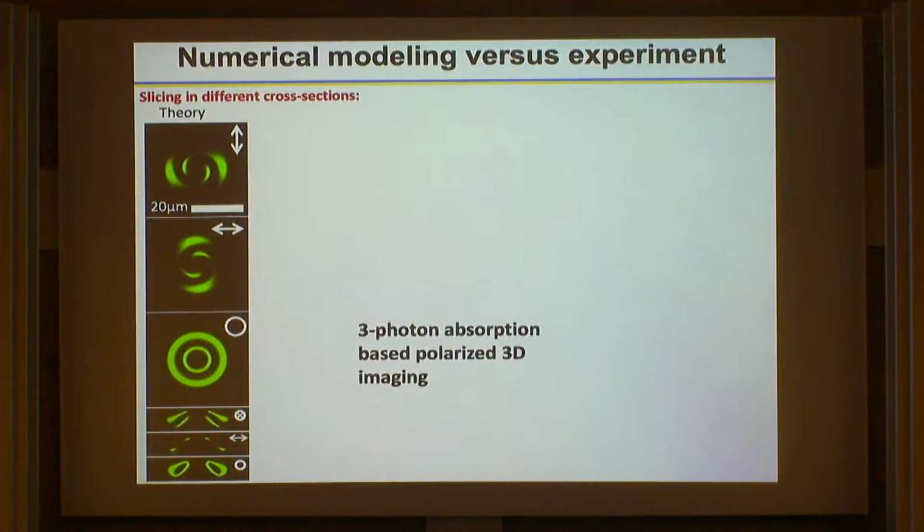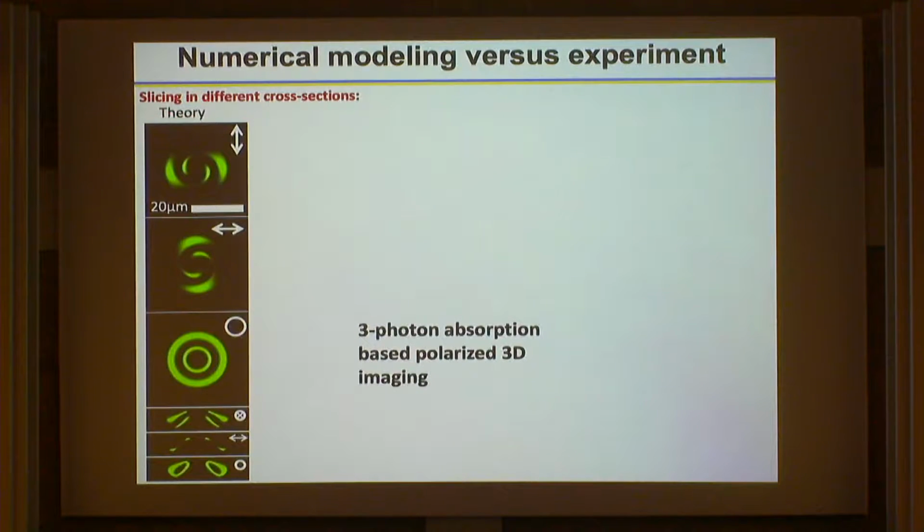And so the question is, this is in numerics. Numerics was actually inspired by experiments, but how do we assure that we have the same stuff in experiments and in numerical modeling?